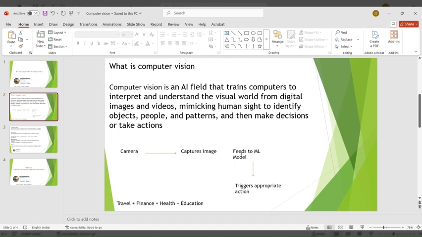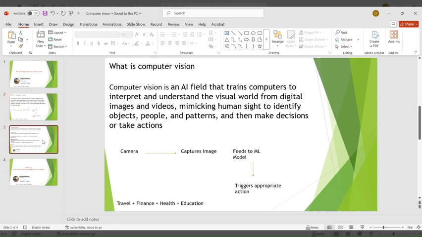So the ML model will recognize the physical activity and then trigger a security alarm. So these are some real world applications we will see, but this is the simplest implementation diagram which is implemented by most of the computer vision systems, right?